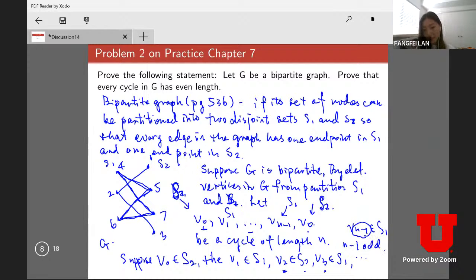That means n has to be even. And n is the length of the cycle. And we just proved the statement: the cycle in G has even length. We just proved that n is even, and n is the length of the cycle, as we assumed here.